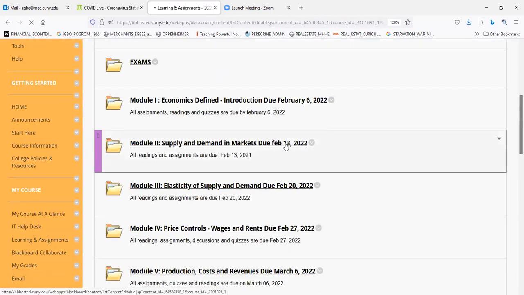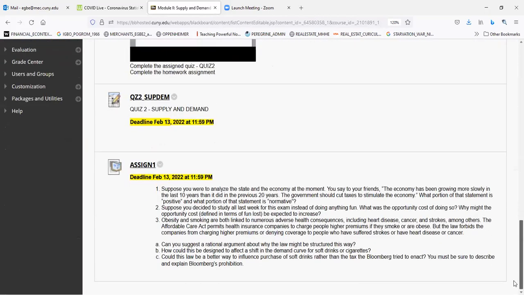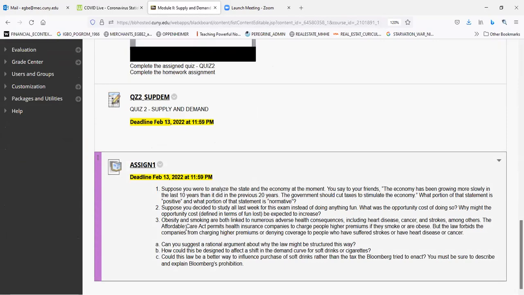We are here, week 2, and we have an assignment. It says obesity and smoking are both linked to numerous adverse health consequences, including heart disease, cancer, strokes, among others.